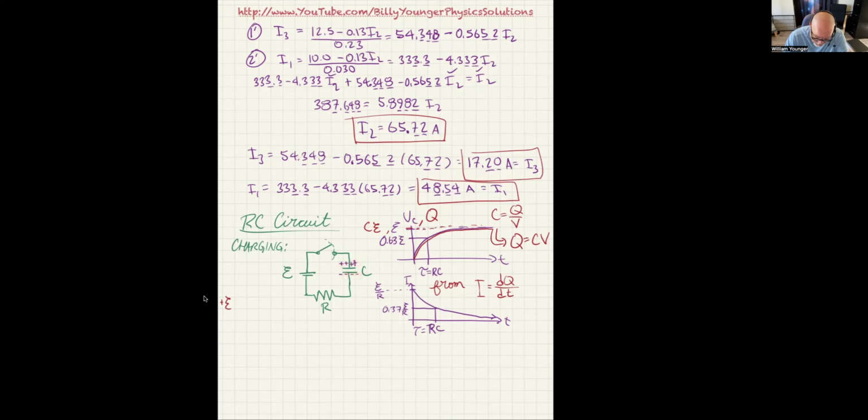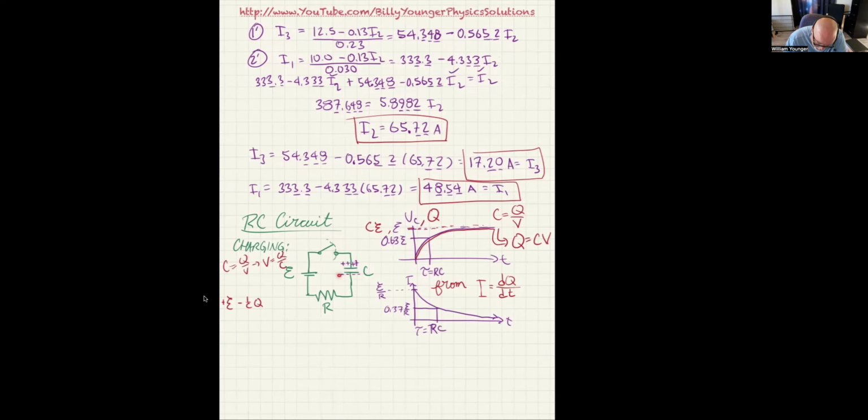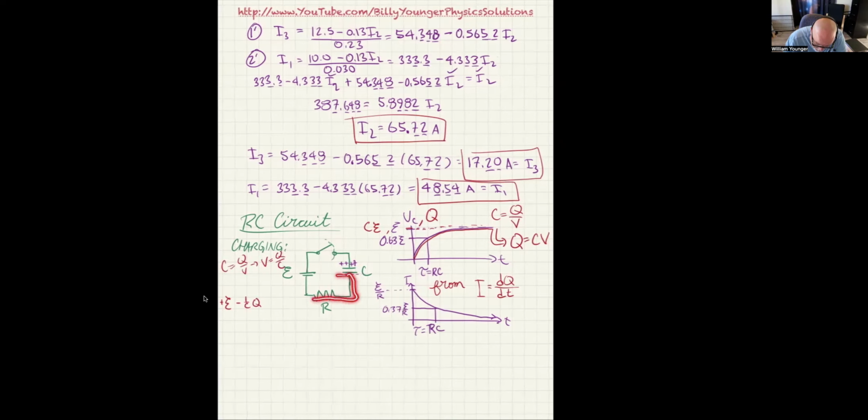So that drop, according to C equals Q over V, which implies V is equal to Q over C, we're going to say is minus 1 over C times Q. And I wrote Q to the side for a reason that'll become clear in a second. Now I'm also going further past the capacitor to the resistor this way.